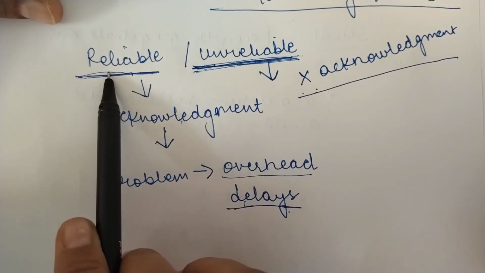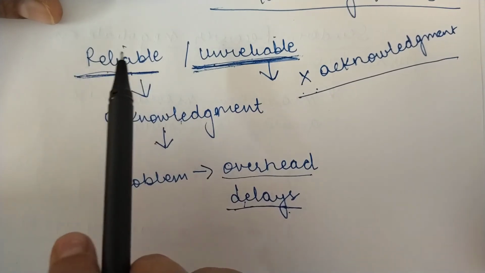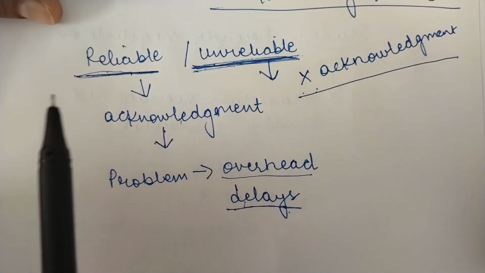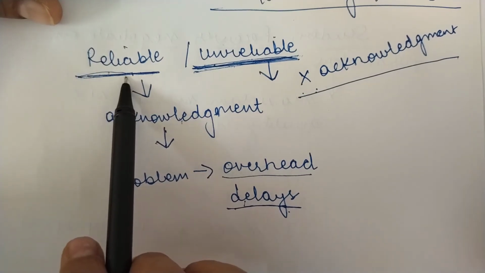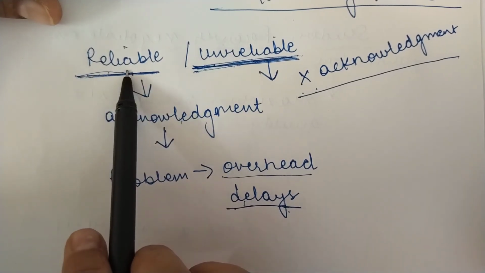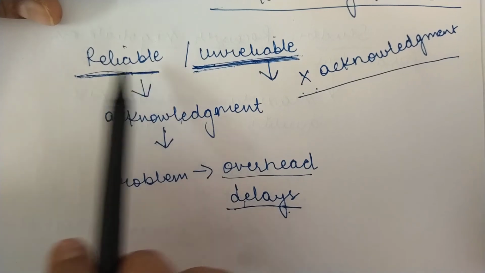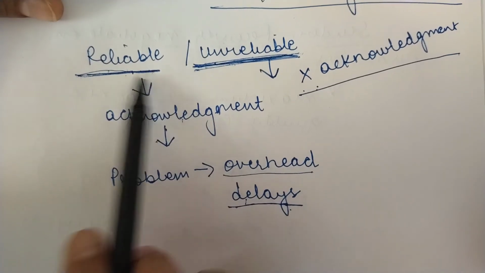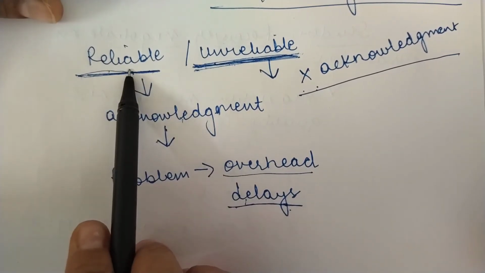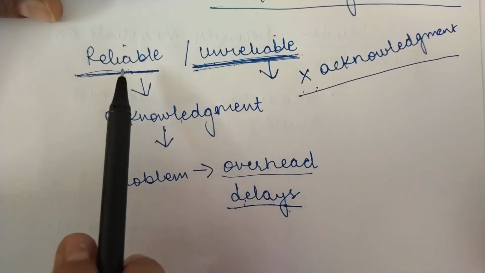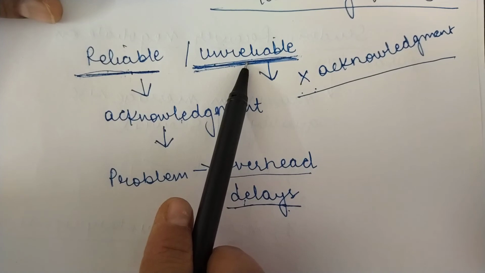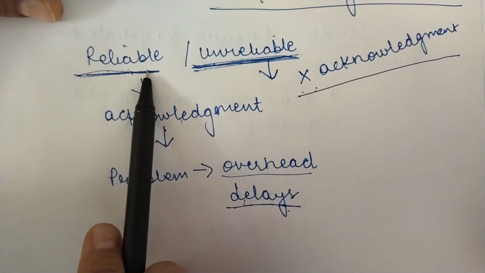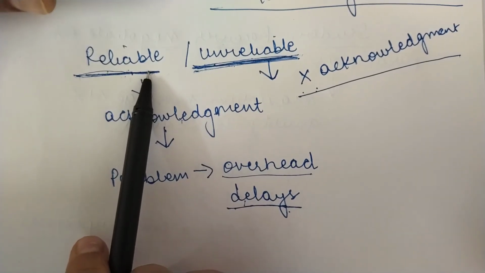But in cases of file transfer, where you want to be assured, a delay of a few milliseconds is affordable, but accuracy is most important. In that case you can choose reliable services. So depending upon the type of data you are sending, you can choose an unreliable service or a reliable service.